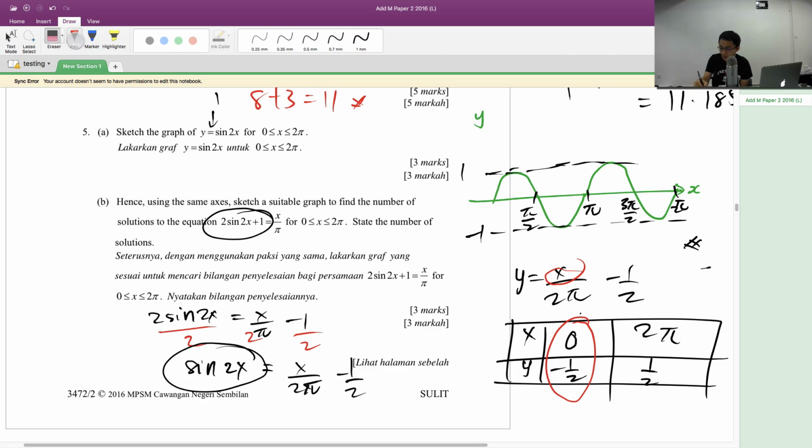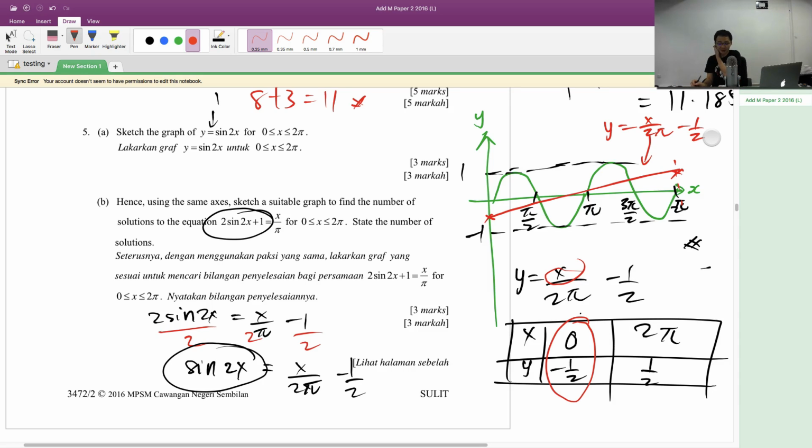So let me come back to this one. It should be like this. Since it is half, I will draw it through, and then label this equation y equals x over 2 pi minus half.